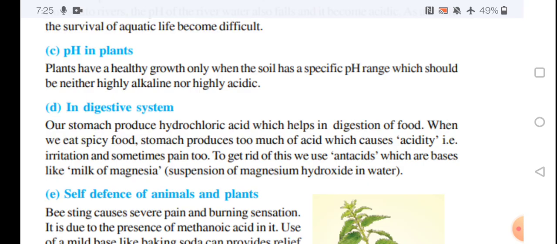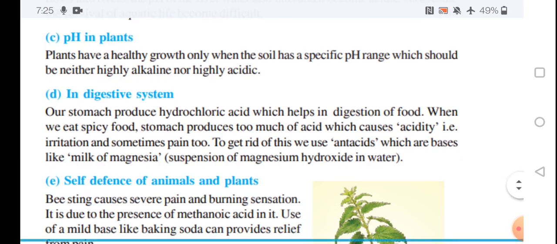We all come across the problem of acidity. If we eat spicy food, we get acidity, so to cure acidity we use milk of magnesia.